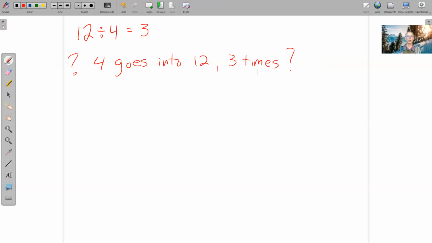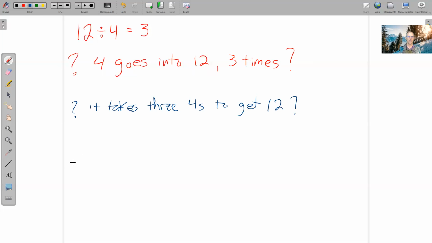And then another one: it takes 3 4s to get 12.